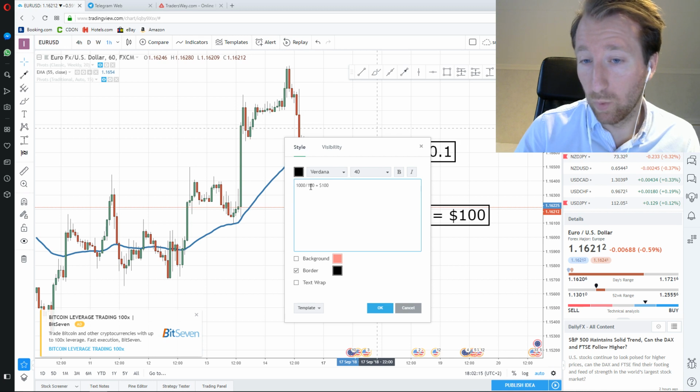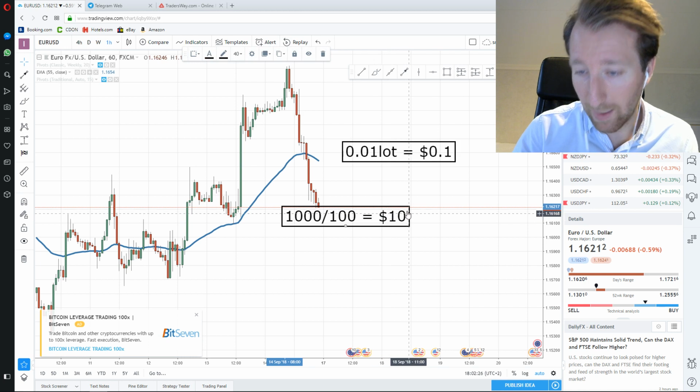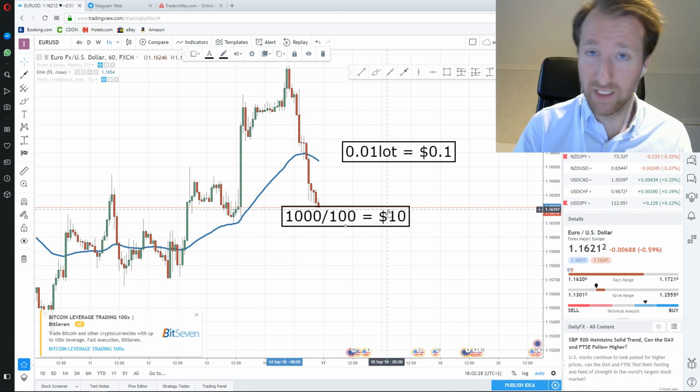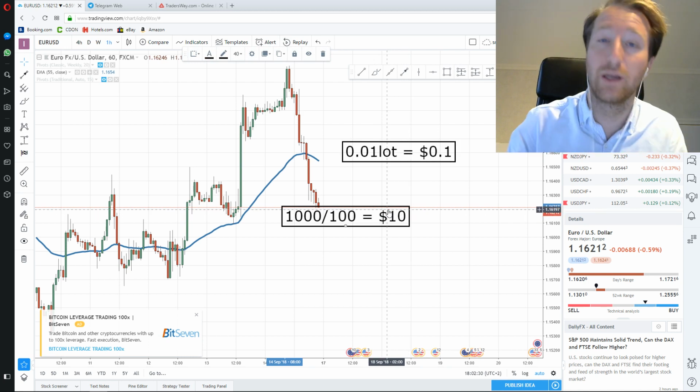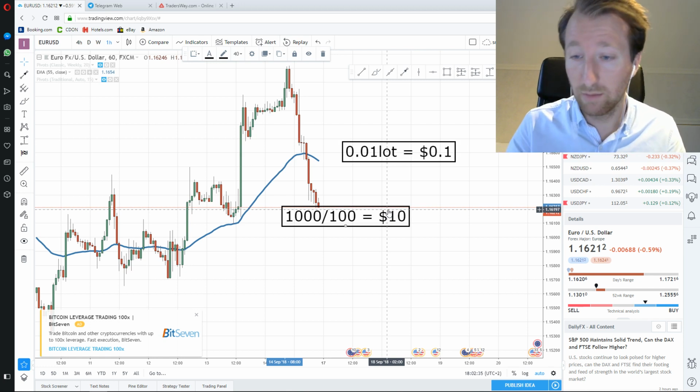My leverage ratio is 100 to 1. That means my margin is then $10 that will be taken out of my account, set aside to sustain the position. Good, fine.